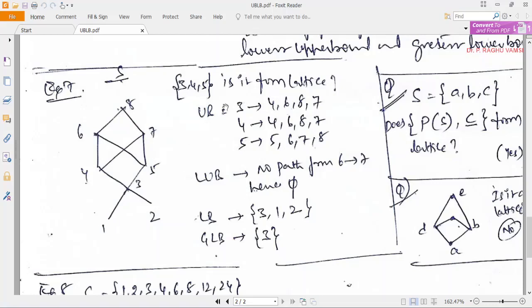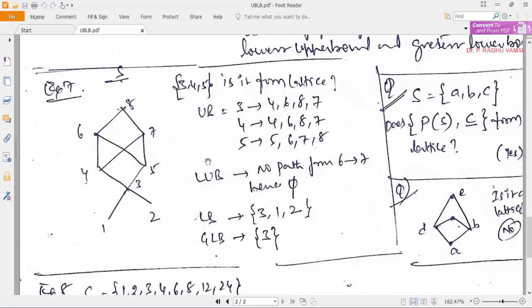But the main problem is that the upper bounds we got cannot be compared, because 6 and 7 are not comparable: there is no edge between 6 and 7, hence there is no path from 6 to 7. Hence, we cannot take the lowest upper bound. So the lowest upper bound will become null in that case.